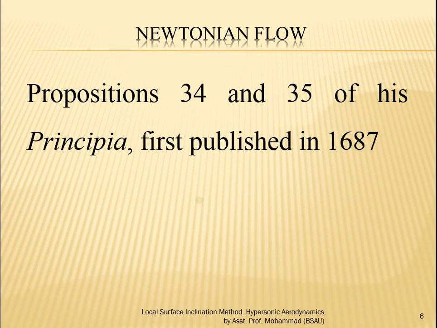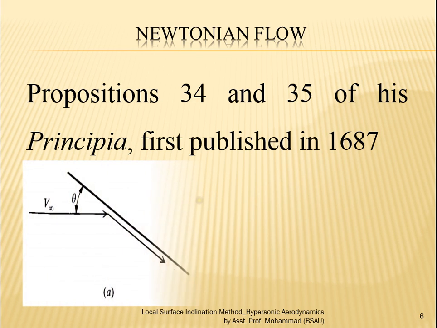In propositions 34 and 35 of his Principia, first published in 1687, Newton wrote about this law. That's the era and the time we remember for the proposition of this sine squared law. Newton modeled a fluid flow and impinged the stream as particles on an inclined plane, as shown in the picture here.